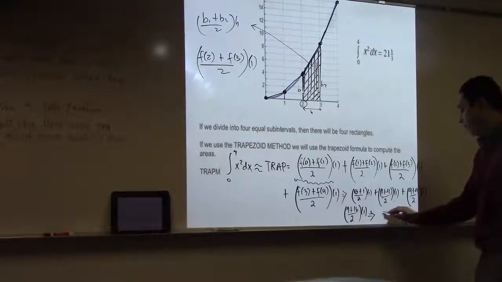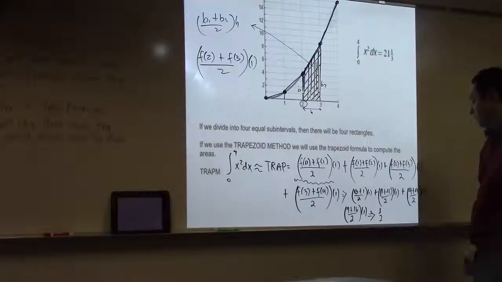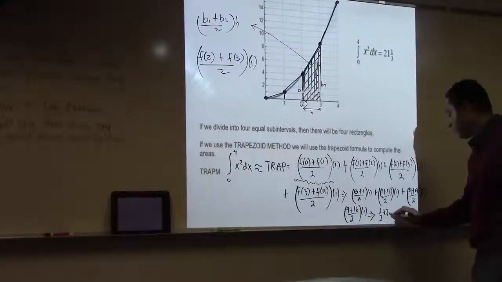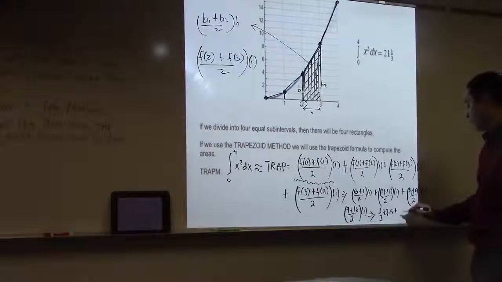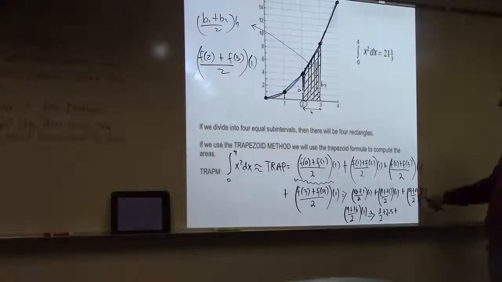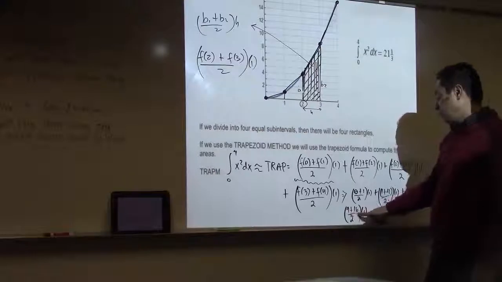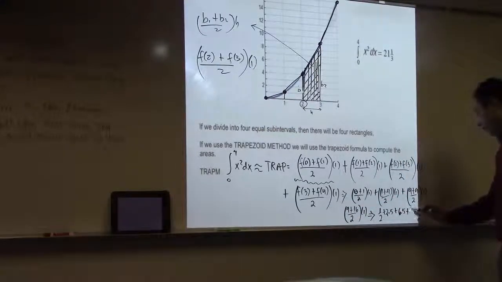So this is just a half. This is 5 divided by 2, which is 2.5. This is 13 divided by 2, which is 6.5. This is 25 divided by 2, which is 12.5.